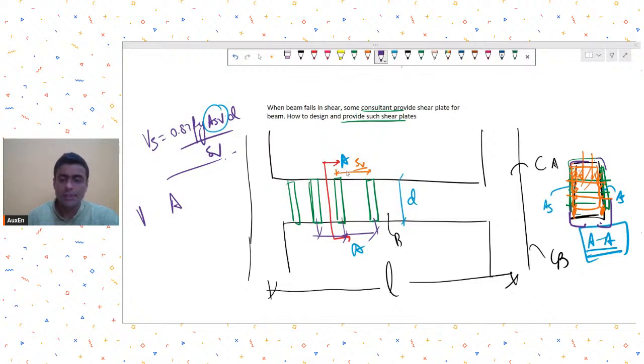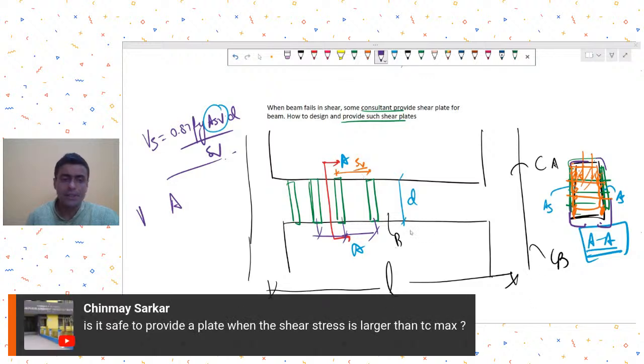Mr. Chinmay is asking, is it safe to provide such shear plates when shear stress is larger than tau c max?